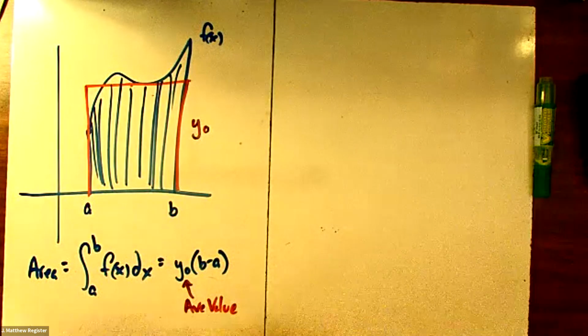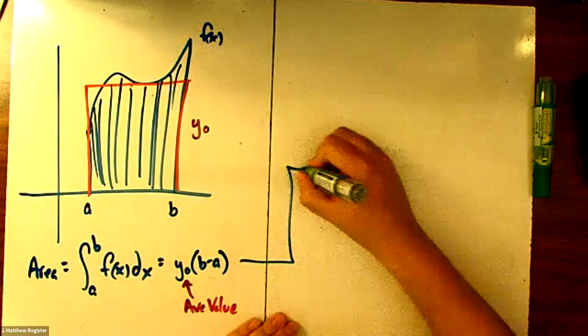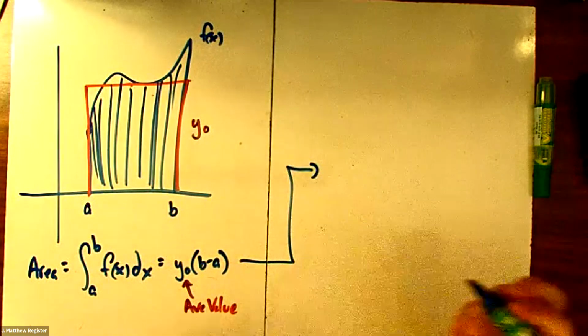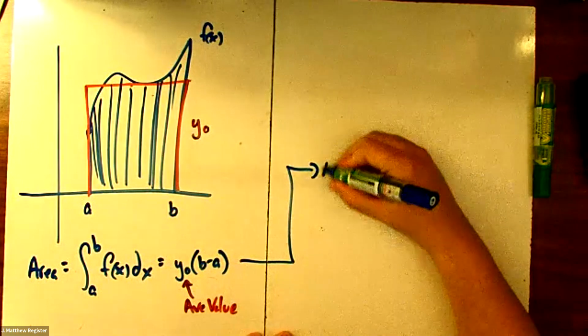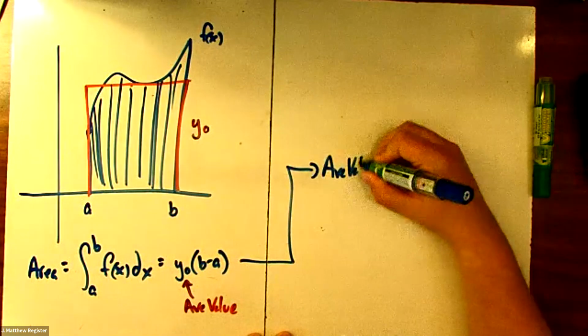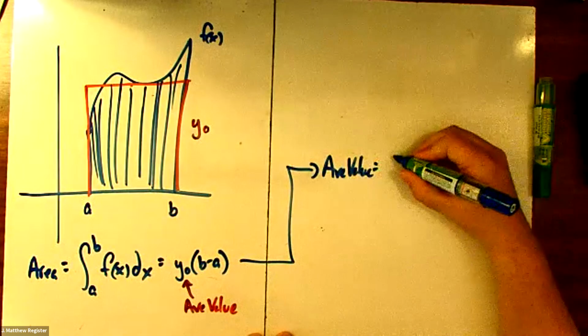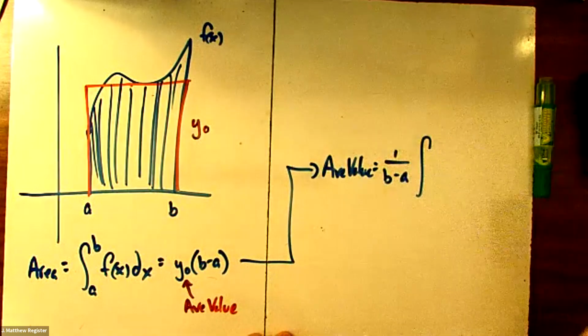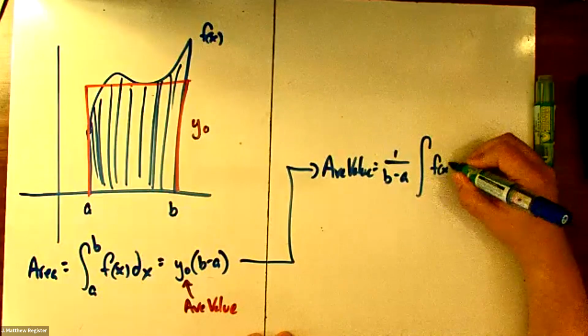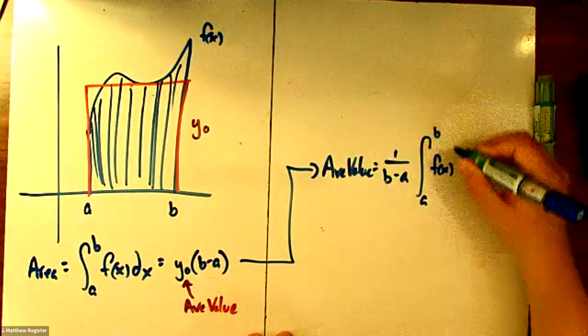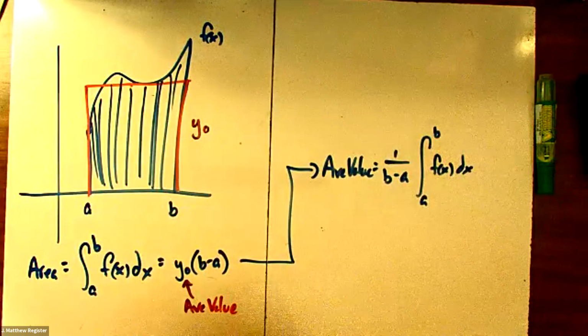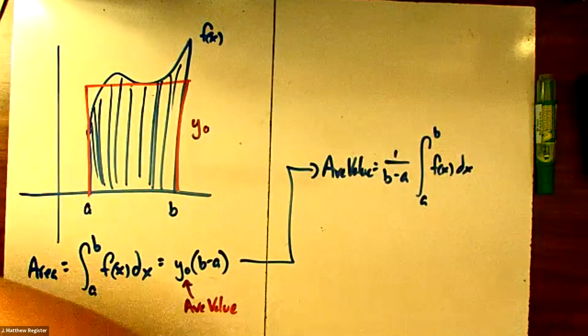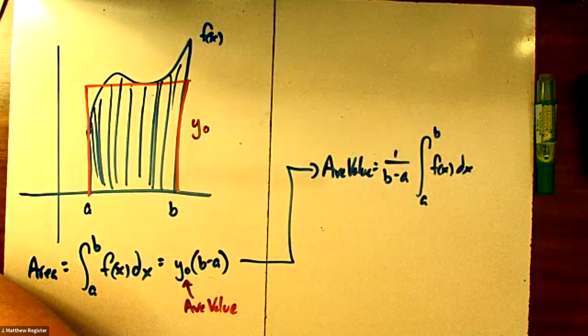And so in order to solve for that average value, all we have to do is divide both sides by b minus a. So the average value is going to be equal to 1 over (b minus a) times the integral of f of x from a to b dx. And that's our formula. It's not too bad.